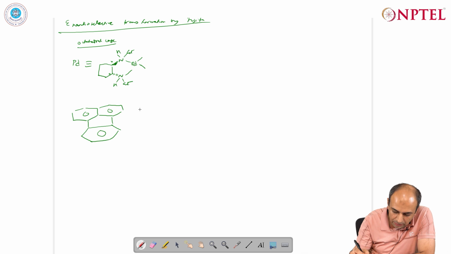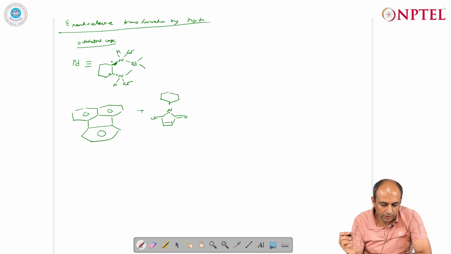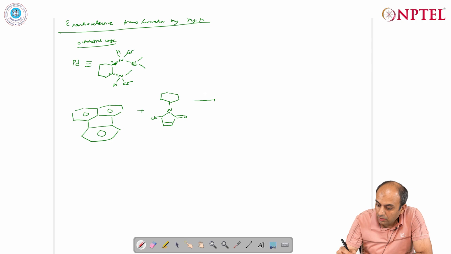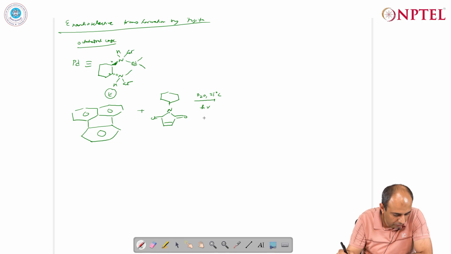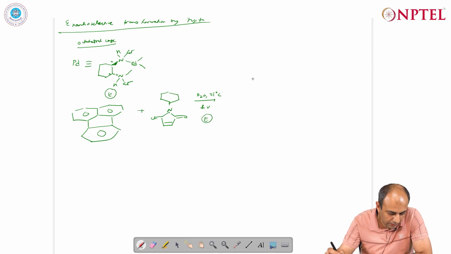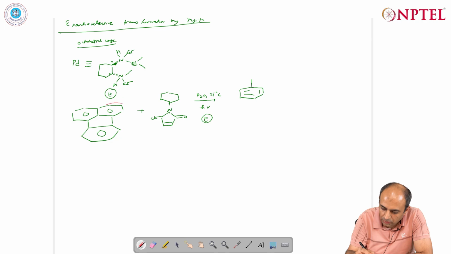We have the starting material and we are treating it now with this particular reagent in the presence of water at 25 degrees centigrade and light. We call this octahedral cage as E. In the presence of E, we are able to get the following product. So the reaction takes place at this particular double bond.